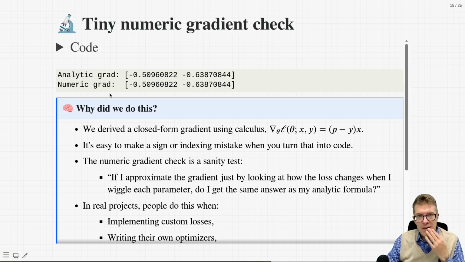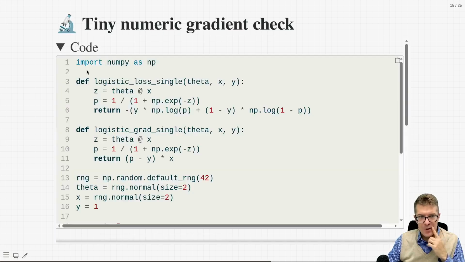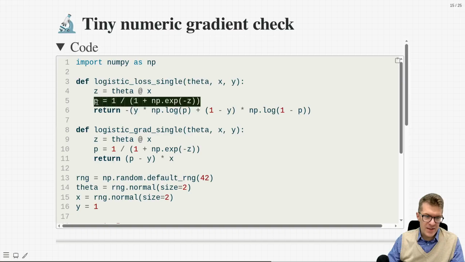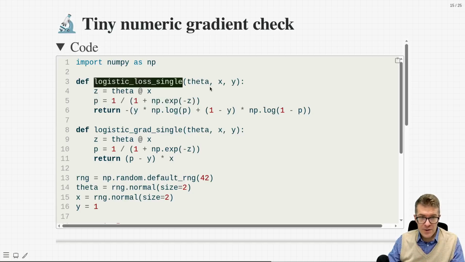So here's just a little numeric gradient check. Again, this is under the microscope. Download this code and try it out yourself. What's going on here is I have my logistic loss function. So again, here is my sigma. Here I'm calling it P instead of S because P is the probability I'm trying to estimate. And I'm just going to return the loss. So I have my parameters theta.